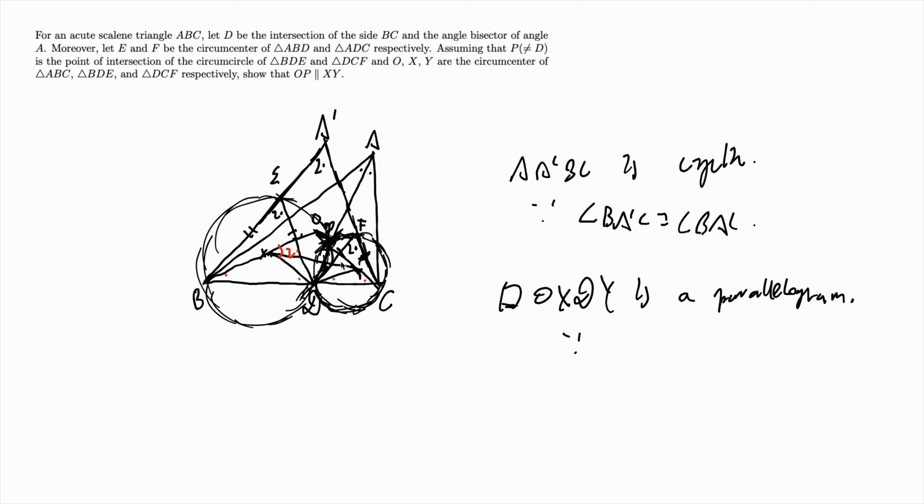Here it should be 2 dot and 2 dot. So we proved that these two angles are the same. Now this angle should be 180 minus 2 theta, and this is also 180 minus 2 dot. So thus this is a parallelogram.